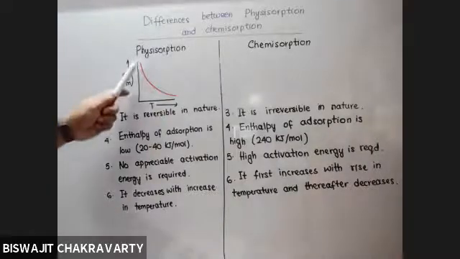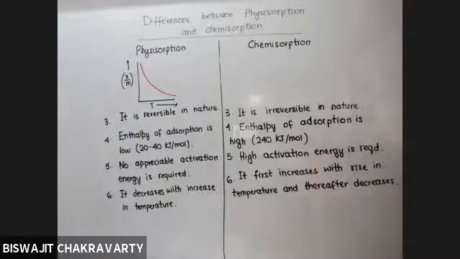So as you can easily see that with the rise in temperature, the x by m is gradually decreasing. And this is what has been stated, that it decreases with rise in temperature because of the fact that weak van der Waals forces further weaken when you are increasing the temperature.